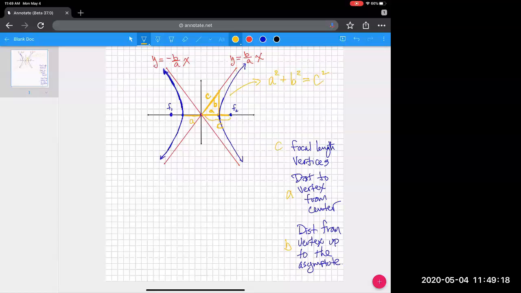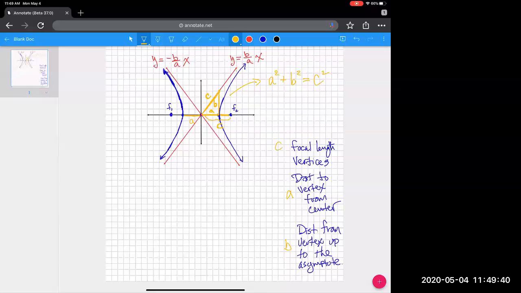But we do have similarities. We're still going to call C the focal length. You still have A being sort of half of the axis. In this case, the major axis length. There's only one axis. A is still half of that axis length, the distance from the center out to the vertex along the axis through the foci.